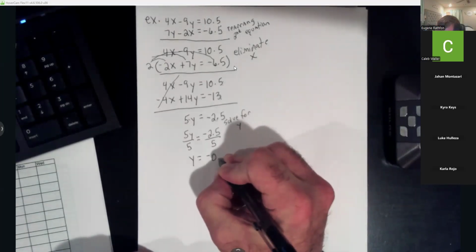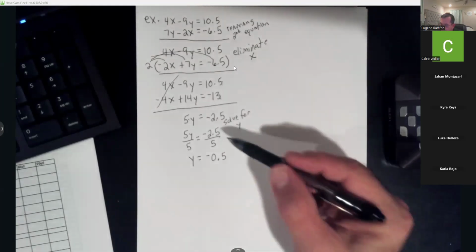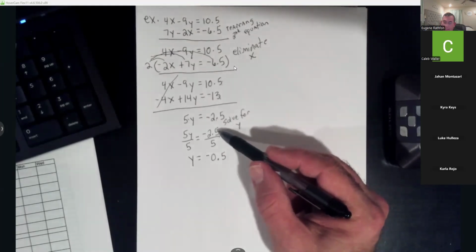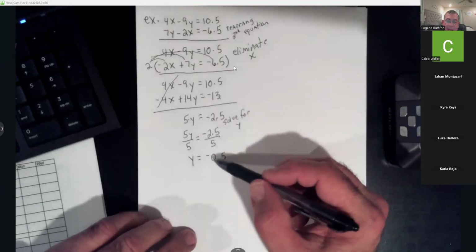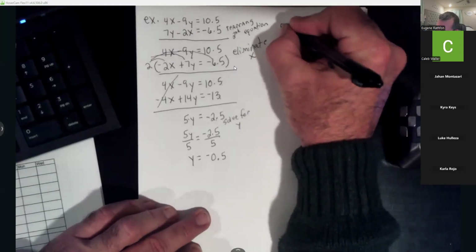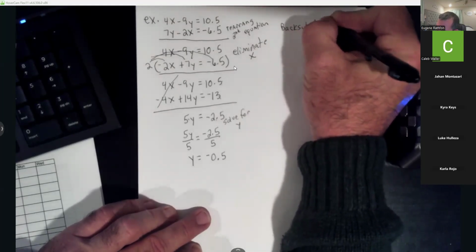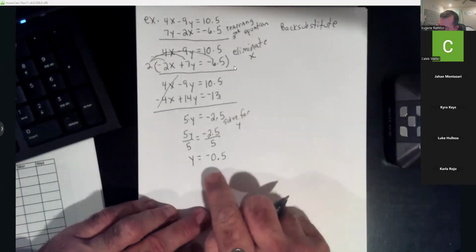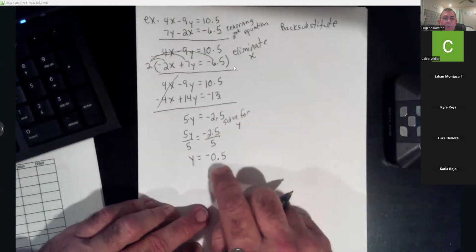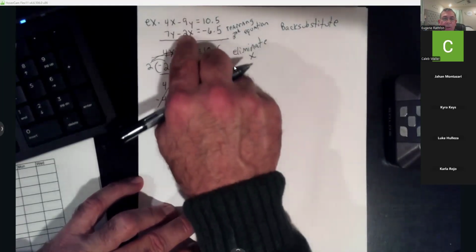So -0.5. And y'all, calculator, you can knock out that real quick on a calculator. -2.5 divided by 5. It'll spit that out quick, okay? All righty. Back substitute. Since I know y is a -0.5, I can use one of these original equations.